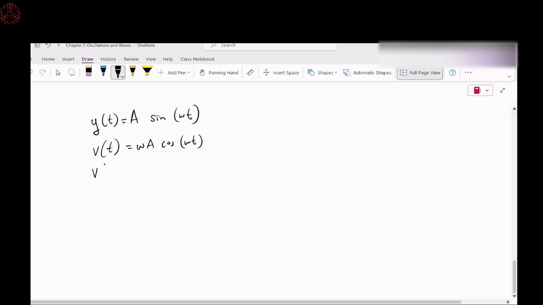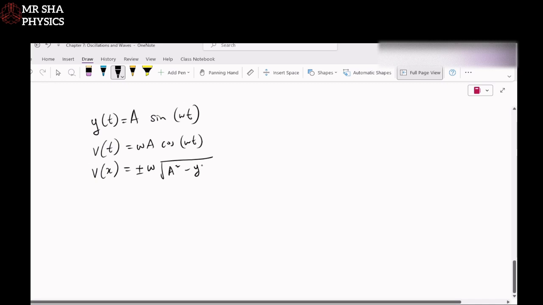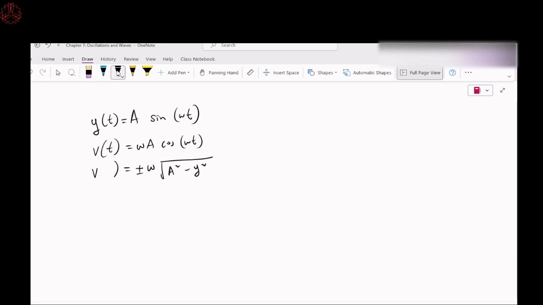Then we also have v(y) equals plus or minus omega square root of A squared minus y squared. What we can do with this is talk about energies. Two main energies I want to talk about are the potential energy and the kinetic energy of the object. And once we do that, we can just add them up to have the total energy.